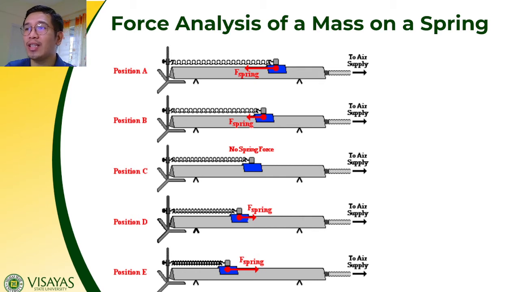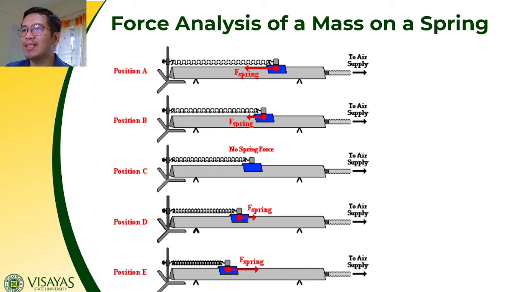This is consistent with Hooke's law. Despite this decrease in the spring force, there is still an acceleration caused by the restoring force for the entire span from position A to position C. At position C, the glider has reached its maximum speed.